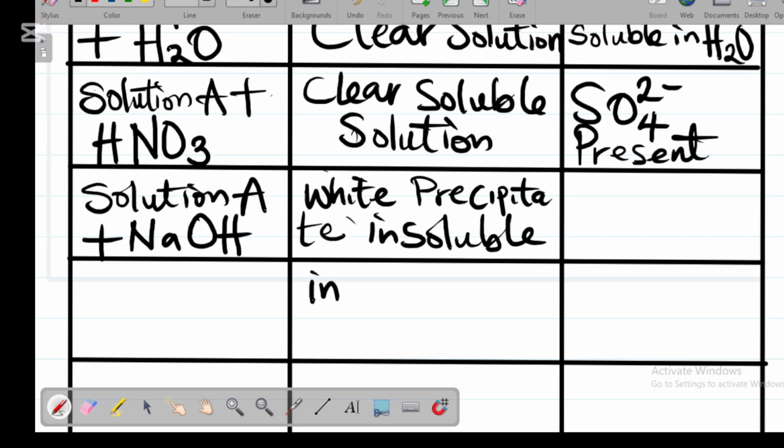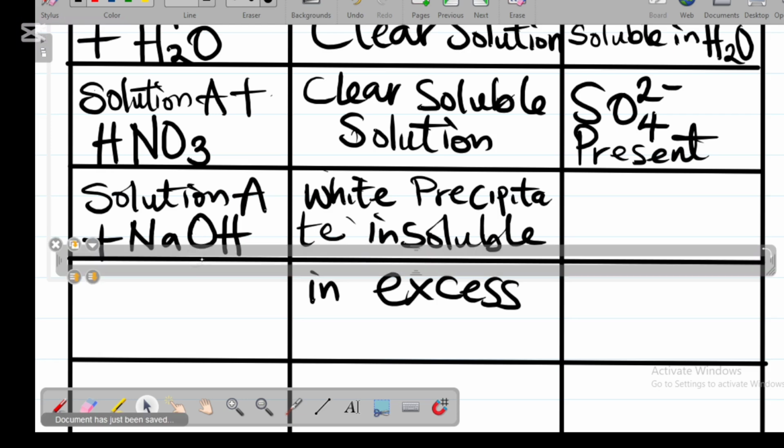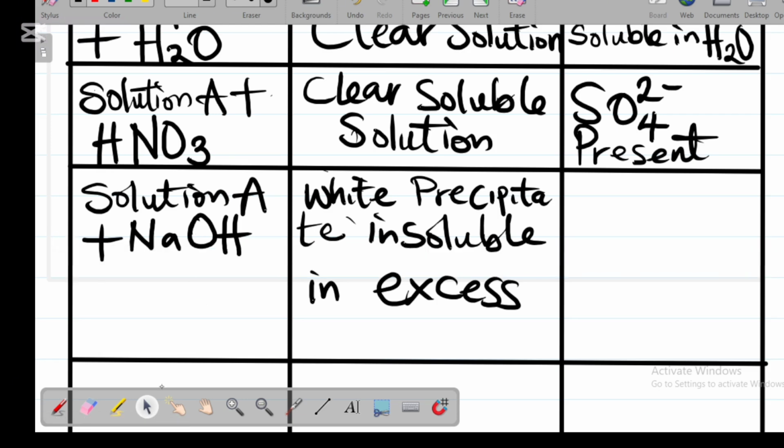So to give you white precipitate, insoluble in what? Excess. All right, so let's eliminate this. So that's what it will give you.